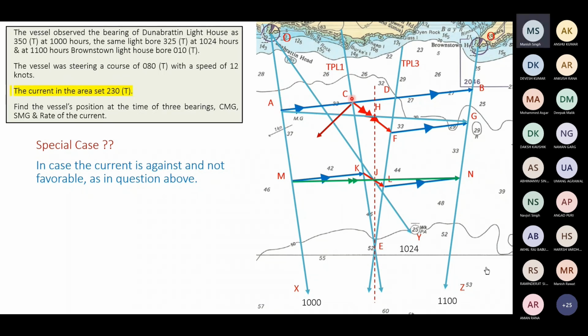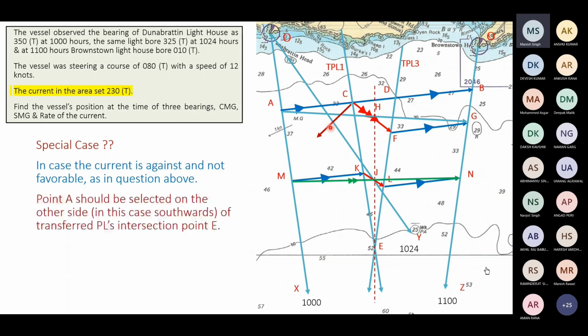If you select your point A and this kind of thing happens, this point A has to be selected on the other side of the transferred PL intersection point, echo point. You see this TPL1, transferred PL1, you see this TPL3, transferred PL3, they are both intersecting at point E.